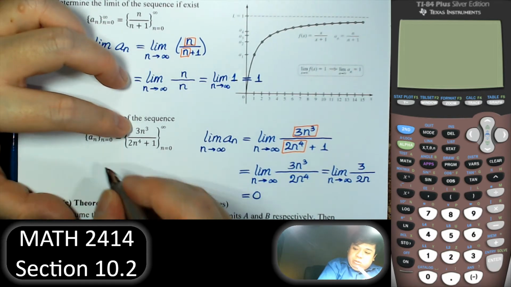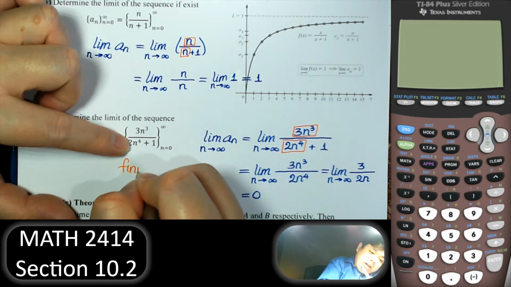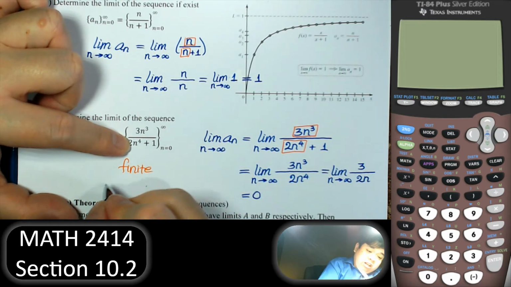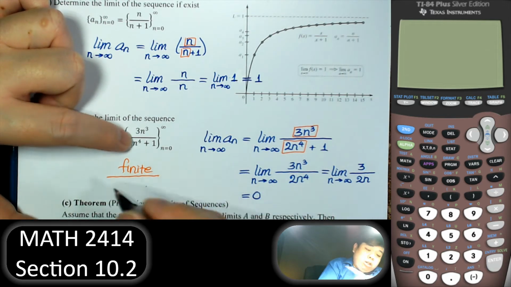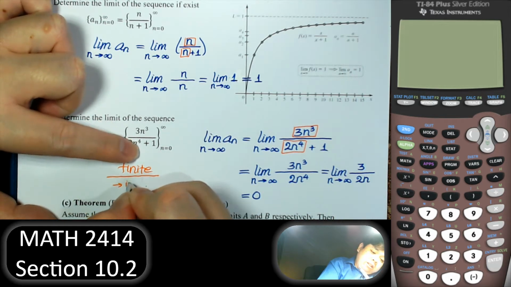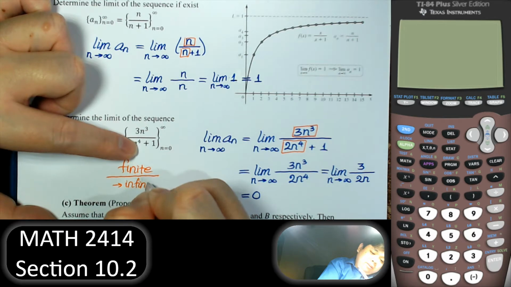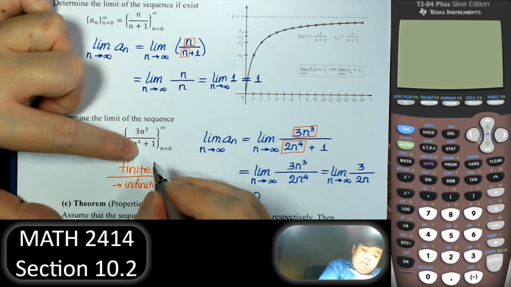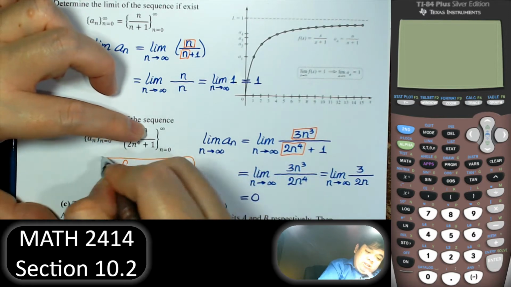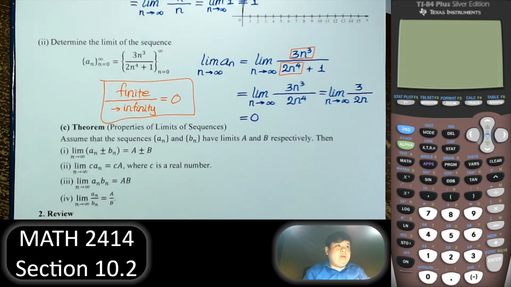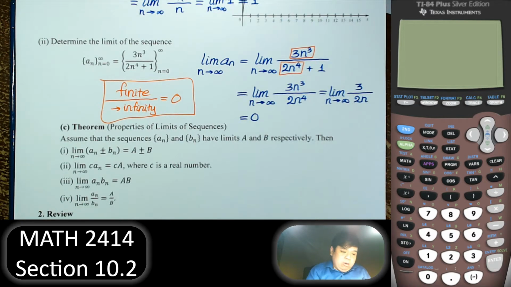So a finite number, positive or negative, doesn't matter, divided by something approaching infinity will be equal to 0. A finite amount divided by infinity is 0.